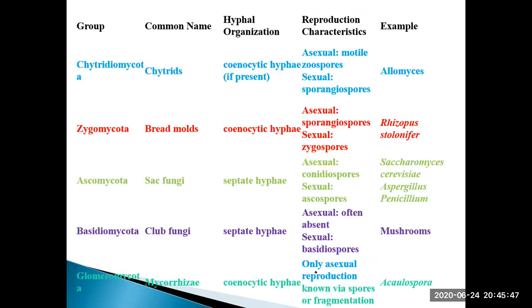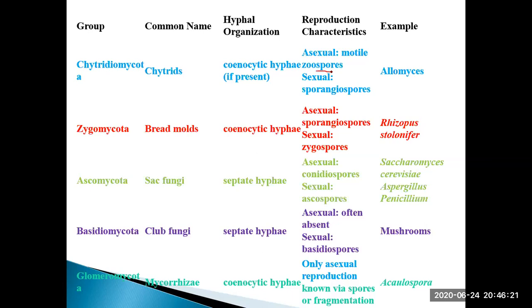So if we go for a summary of the whole systematic classification with examples, it will be like this. Our first phylum is Chytridiomycota. Its common name is chytrids, the hyphal organization is coenocytic hyphae, and it reproduces in two ways, asexual and sexual. If it is asexual reproduction, they produce motile zoospores.